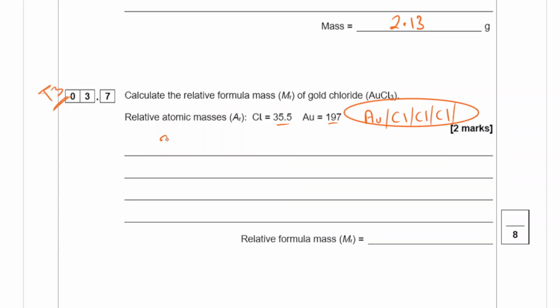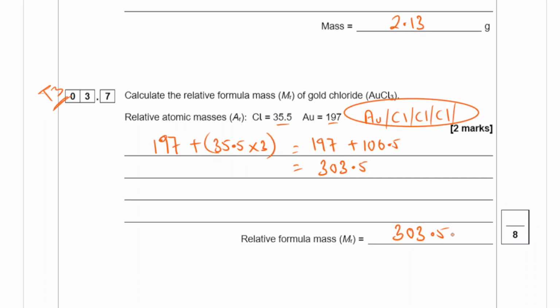So that's 197 plus 35.5, let's multiply it by 3 rather than writing it 3 times. That's 197 plus 106.5. Add them up, that should give you 303.5.